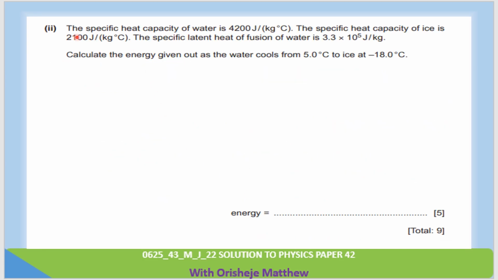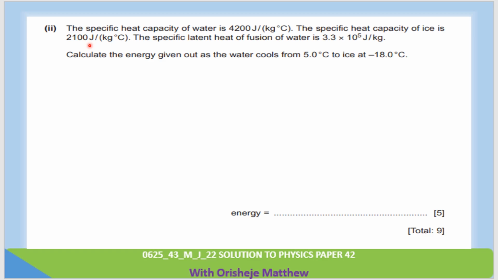Okay. The specific heat capacity of water is 4200 joule per kilogram per degree Celsius. The specific heat capacity of ice is 2100 joule per kilogram per Kelvin.